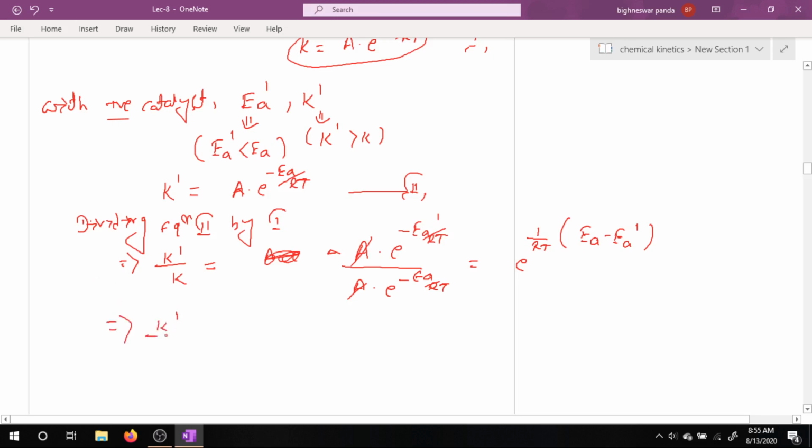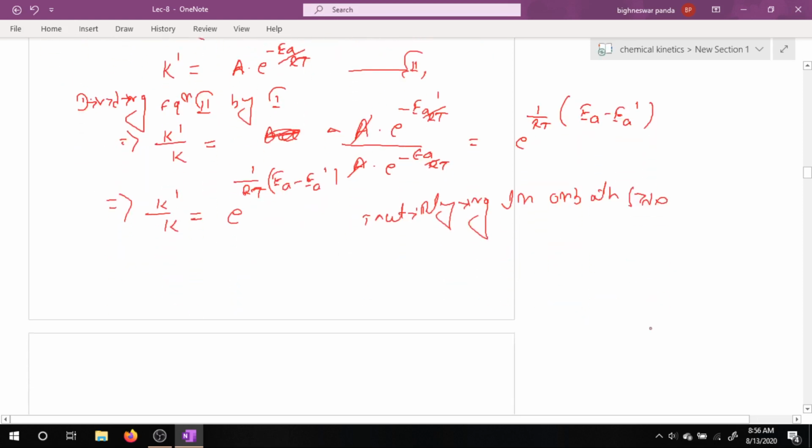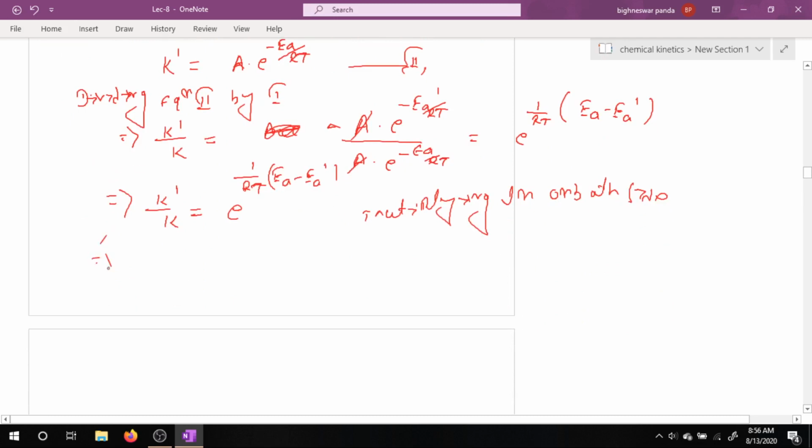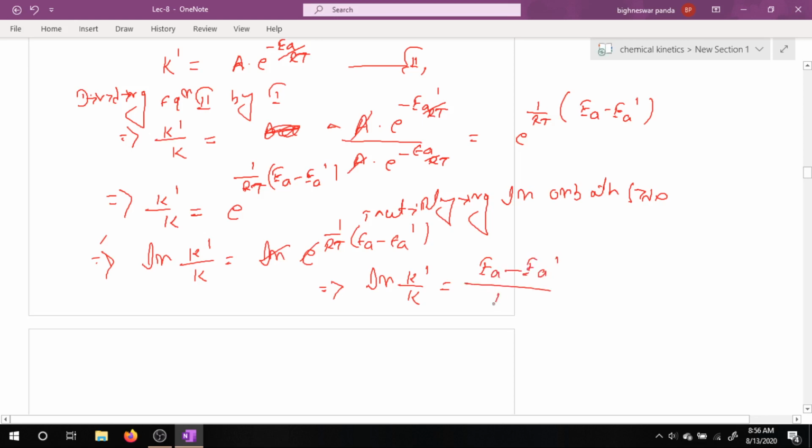So again K dash by K is equal to e to the power 1 by RT [Ea minus Ea dash]. Taking ln on both sides, we have ln K dash by K is equal to Ea minus Ea dash by RT.